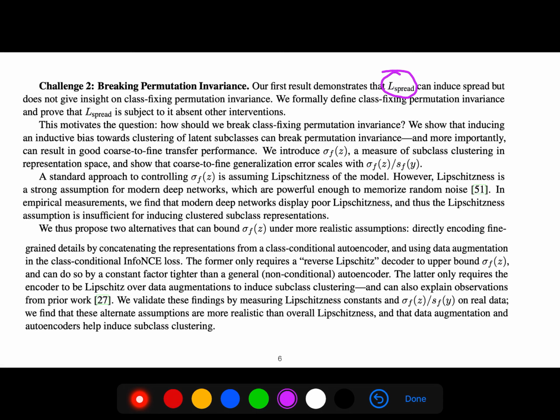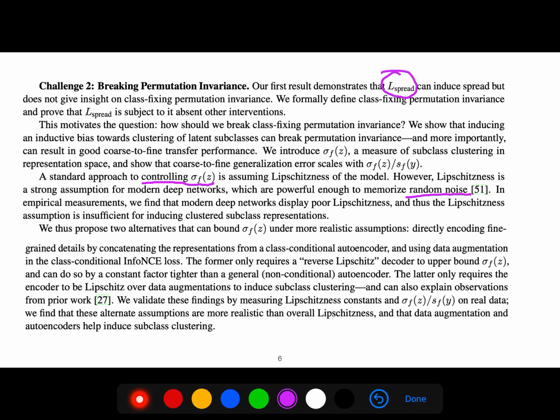A standard approach to controlling this sigma is assuming Lipschitzness of the model. But Lipschitzness is a strong assumption for modern deep networks, which are powerful enough to memorize random noise. In empirical measurements, we find that modern deep networks display poor Lipschitzness, and thus a Lipschitzness assumption is insufficient for inducing clustered subclass representations.